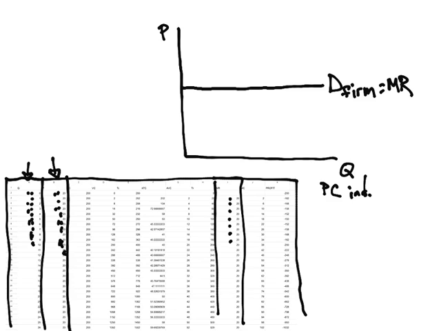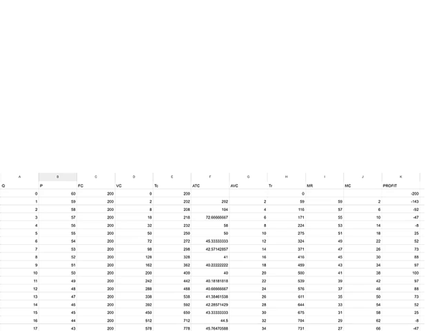So I'm going to tweak this column right here, and instead of having price being a constant, I'm going to have price for this firm being a demand curve. So I'm going to replace this with a mathematical function that is downward sloping. Now, if you look carefully at this column, you can see that as the quantity increases, the price does change.